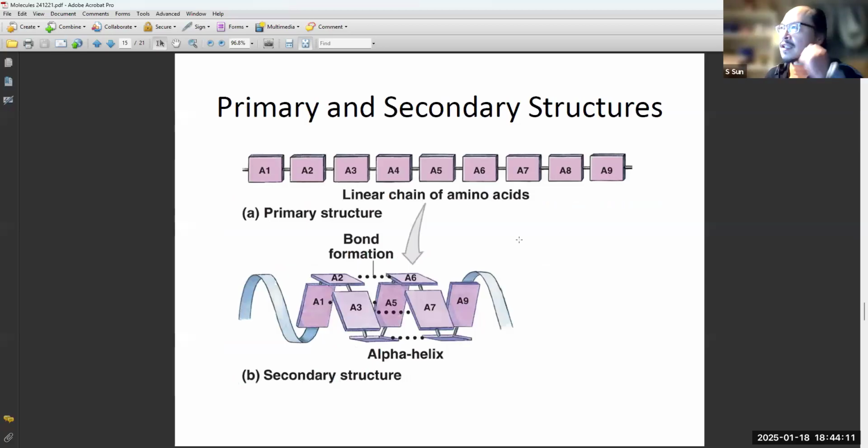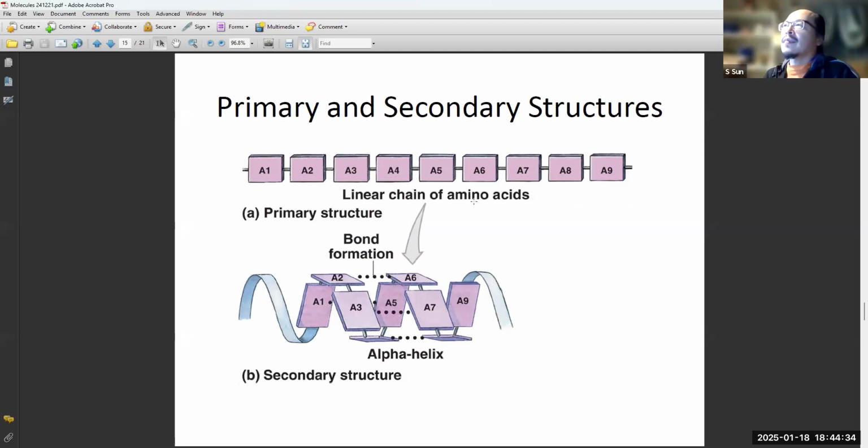So this is an example showing you how primary structure becomes a secondary structure. It's a folding. You have this linear structure, amino acids 1 to 9, nine amino acids. Primary structure is also a linear chain, right?